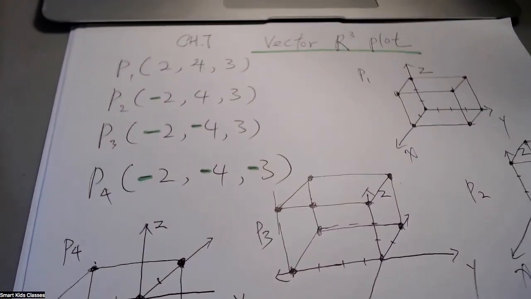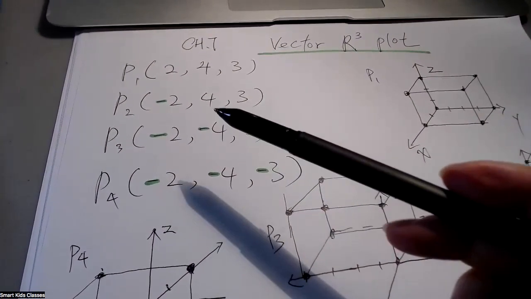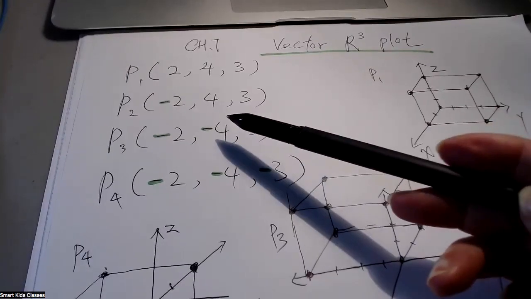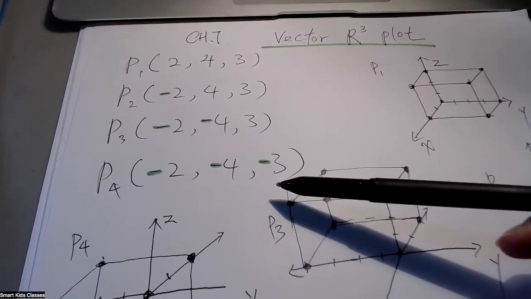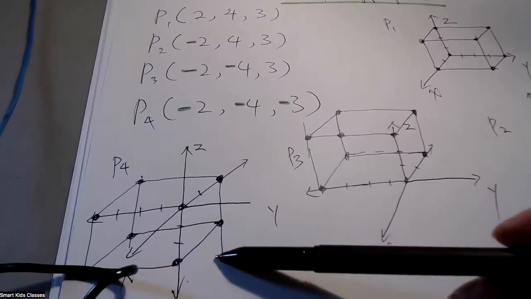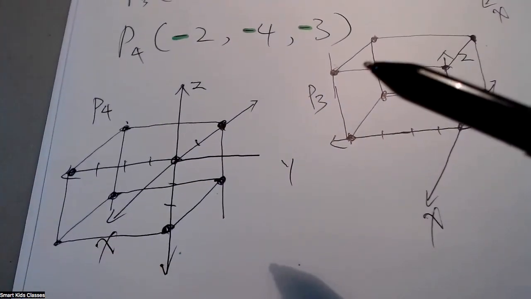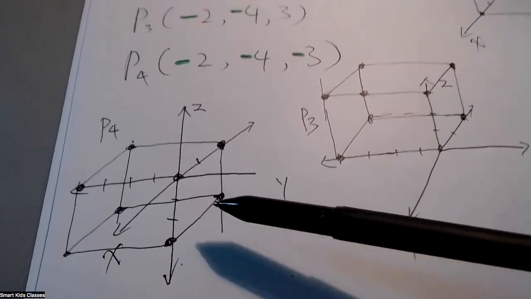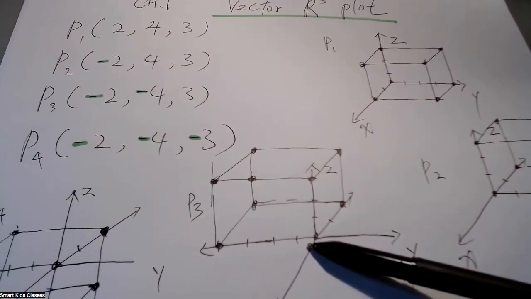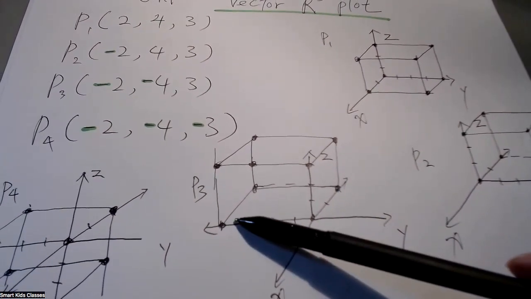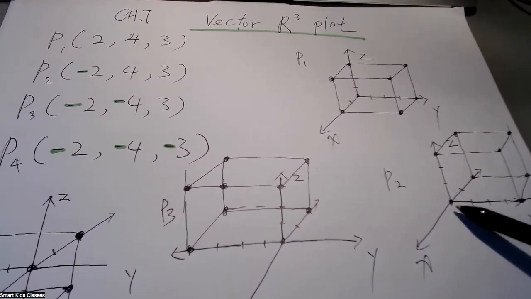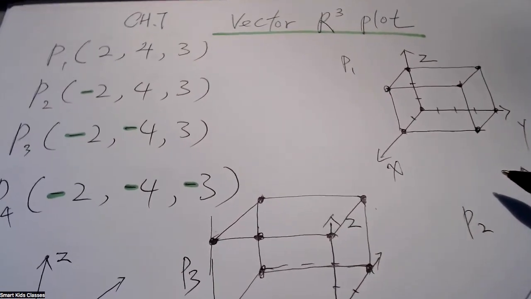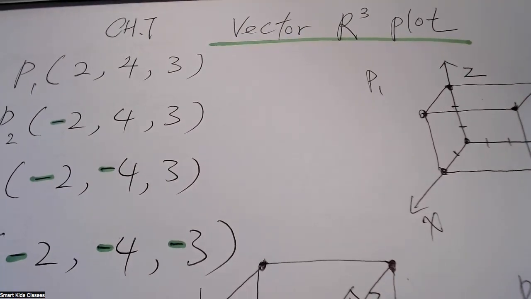So I illustrated the positive point, negative x, negative x and negative y, and negative x, negative y, and negative z. So that's how you plot it.